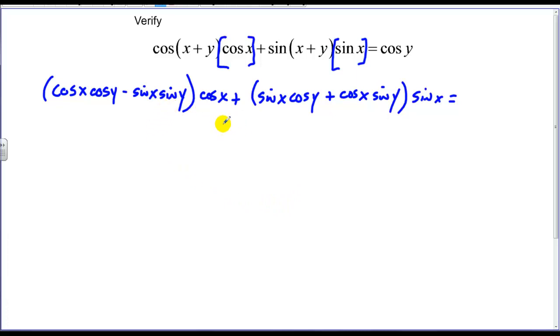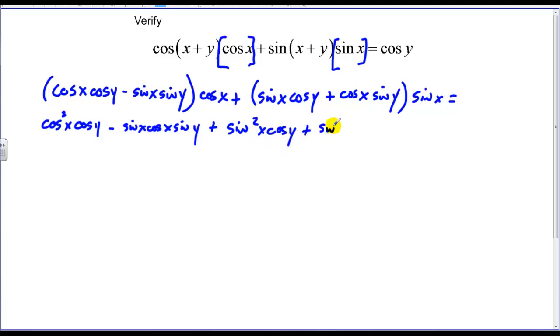I'm going to distribute through, so I get cosine squared of x, cosine of y, minus sine x, cosine x, sine y, plus sine squared of x, cosine y, plus sine x, cosine x, sine y.